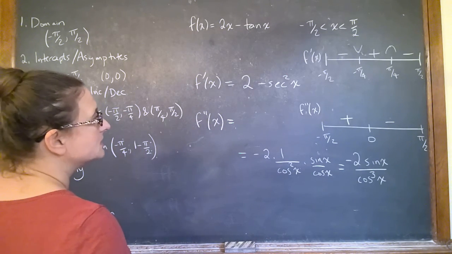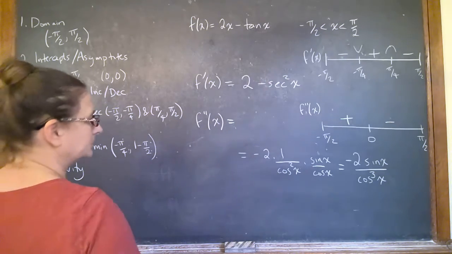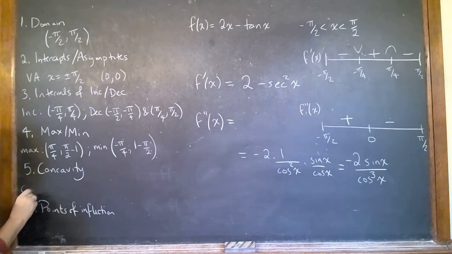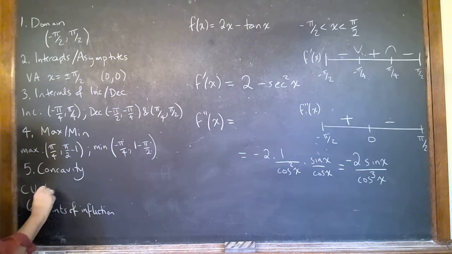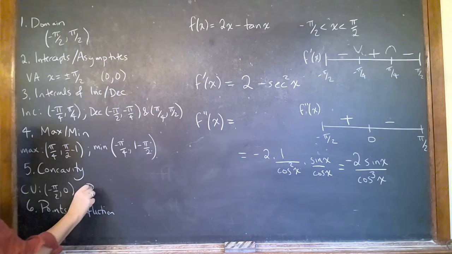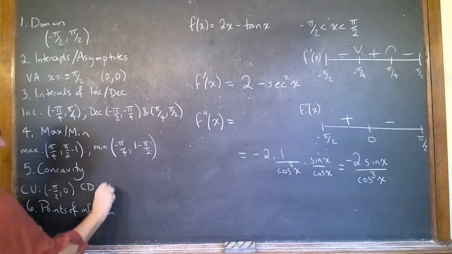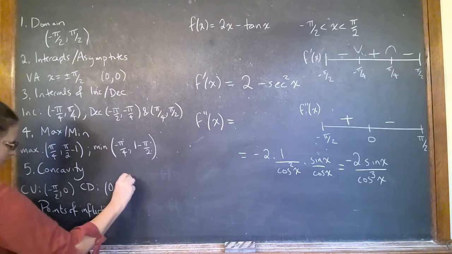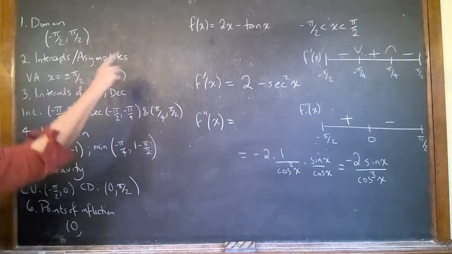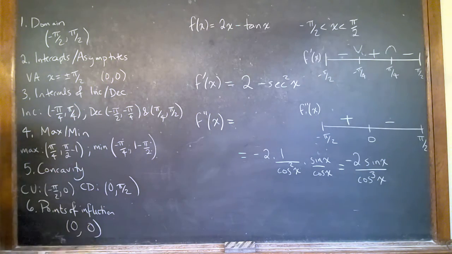It's consistent with what's above. So we have concave up from minus pi over 2 to 0, and concave down from 0 to pi over 2. And our point of inflection is at 0, and we know that it's 0, 0, because we already found that point.